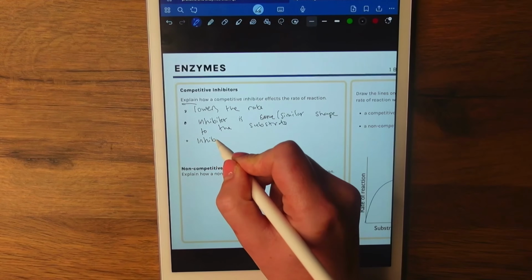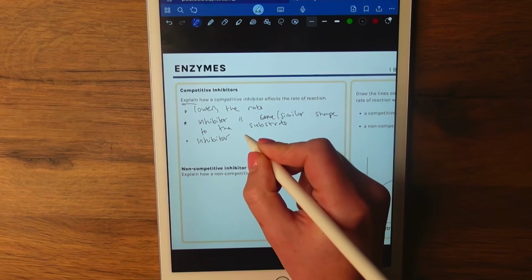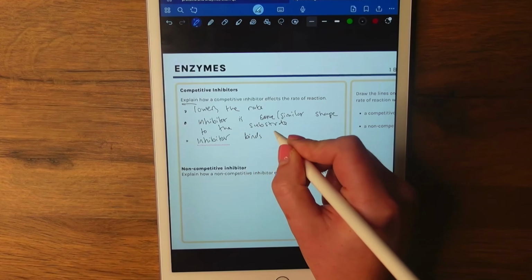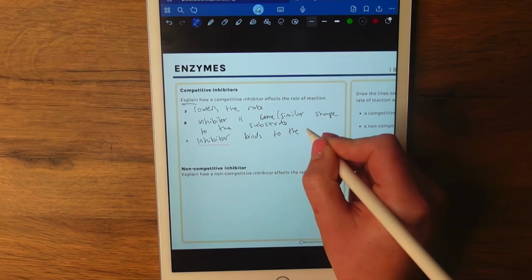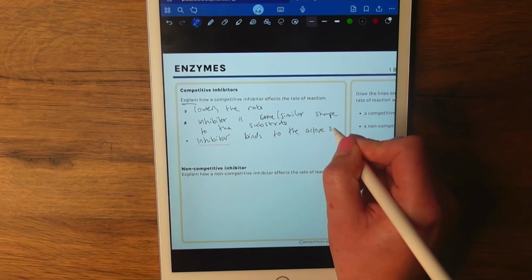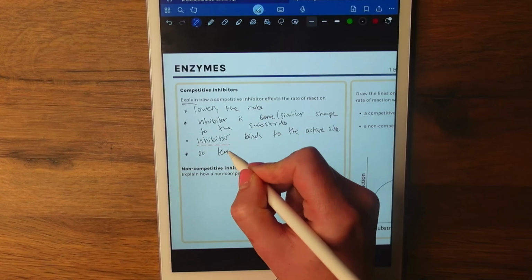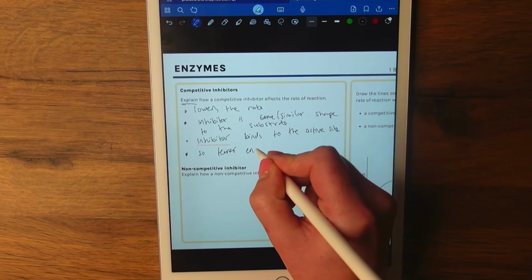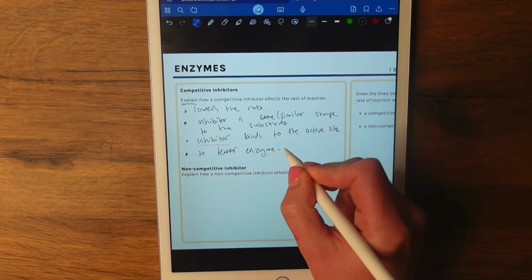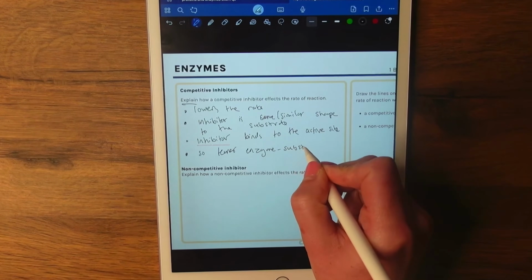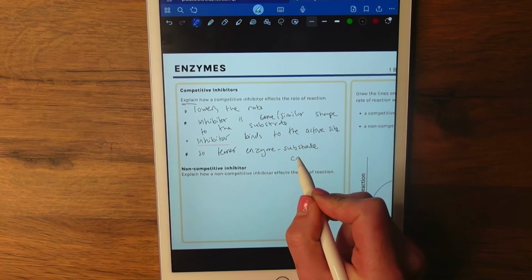Inhibitor can then bind to the active site. So you get fewer enzyme substrate complexes.